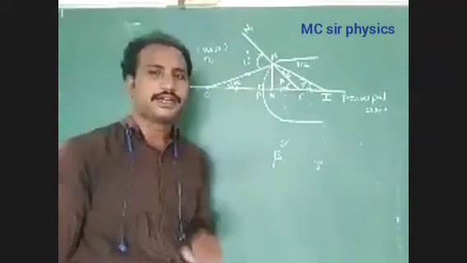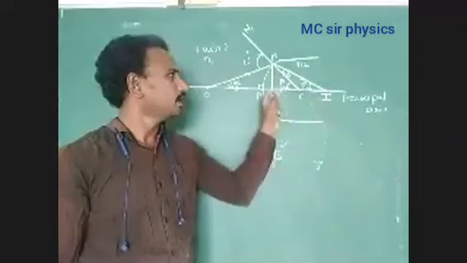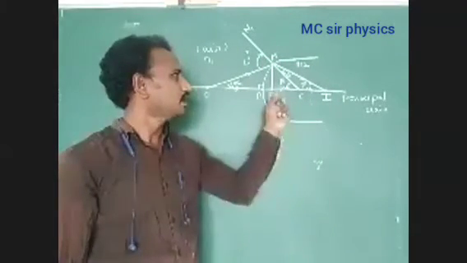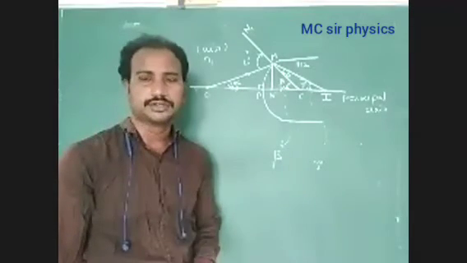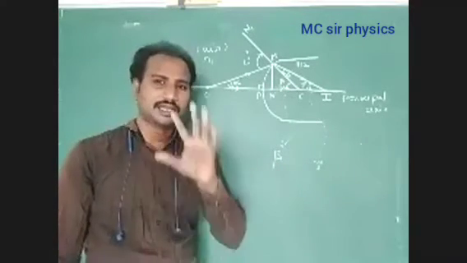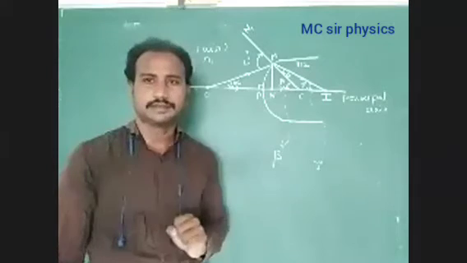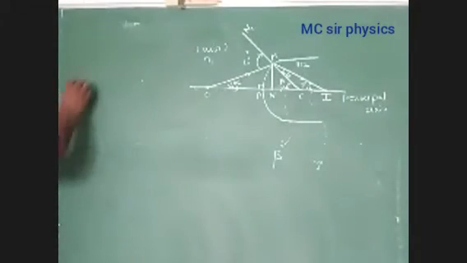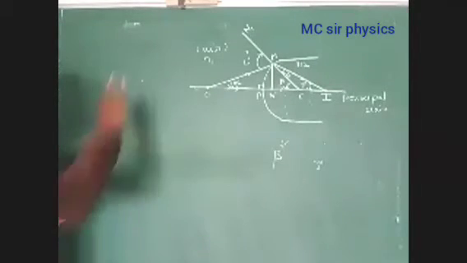ONM, one right angle triangle. INM, another right angle triangle. CNM, one more right angle triangle. In total, we have three right angle triangles. First, we have to identify the right angle triangles in this diagram.